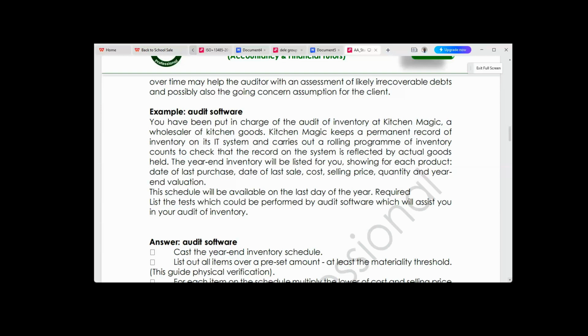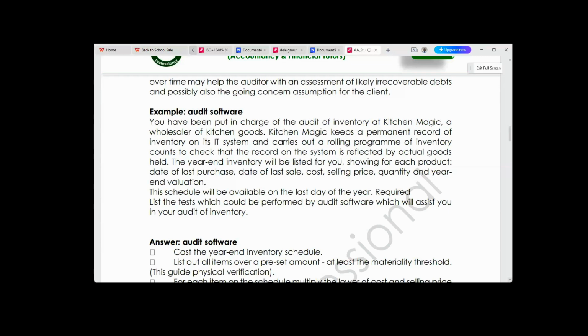Year-end inventory will be listed for you, showing for each product, date of last purchase, date of last sale, cost, selling price, quantity, and year-end valuation. This schedule will be available on the last day of the year. Required: describe the tests that will be performed by audit software, which will assist you in your audit of inventory. This is a typical exam question.